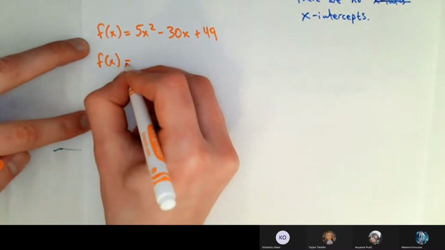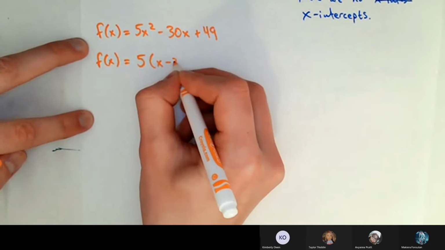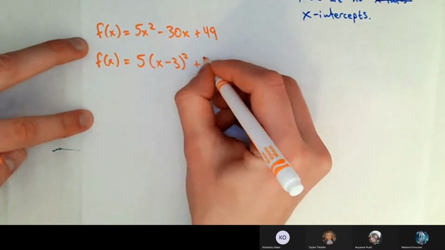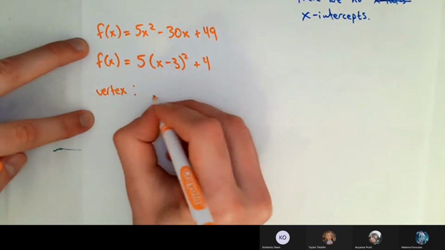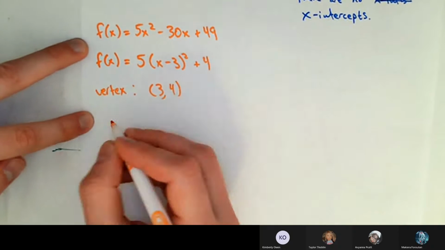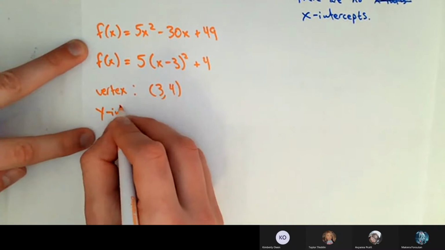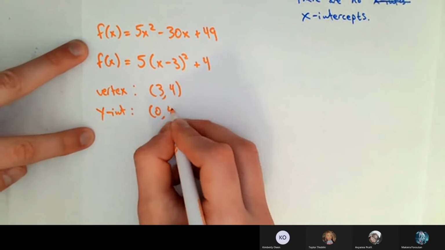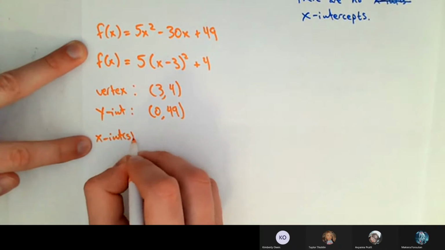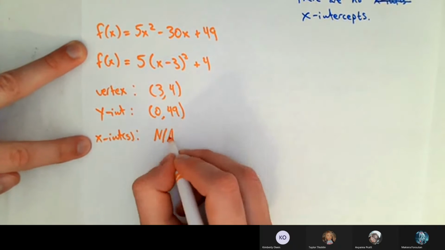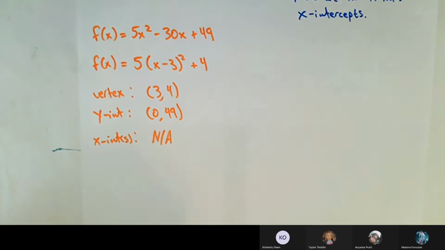We also have that we can write it as 5 times (x minus 3) all squared plus 4. We know its vertex is (3, 4). We know its y-intercept is (0, 49), and we know its x-intercepts, there are none. So I'll say NA, not applicable.